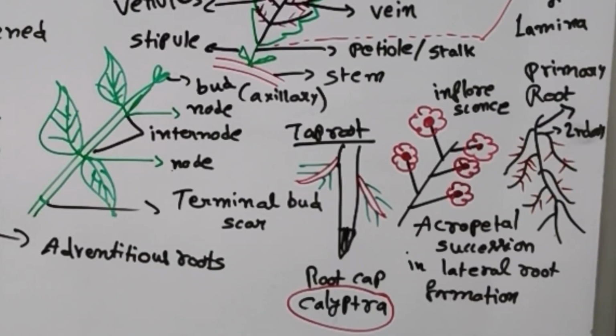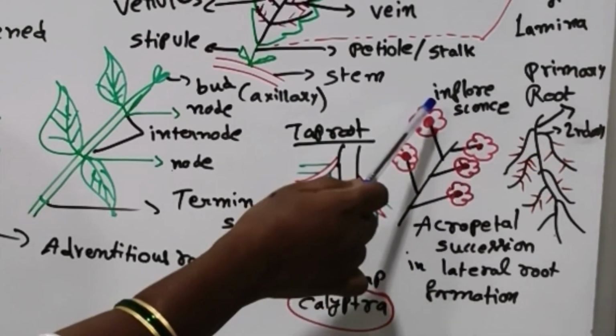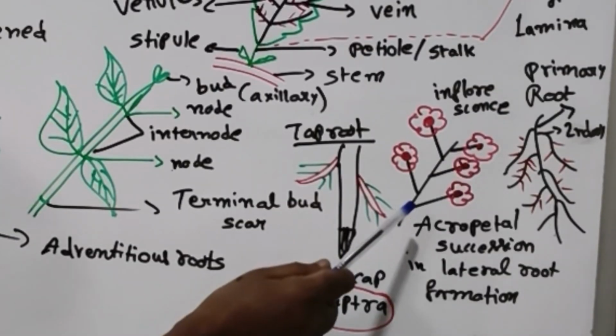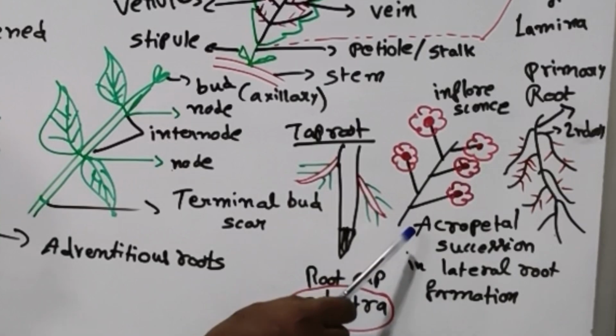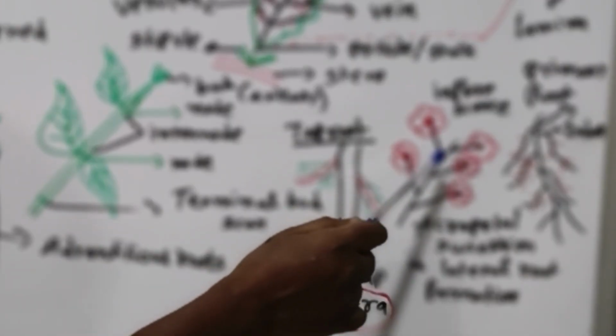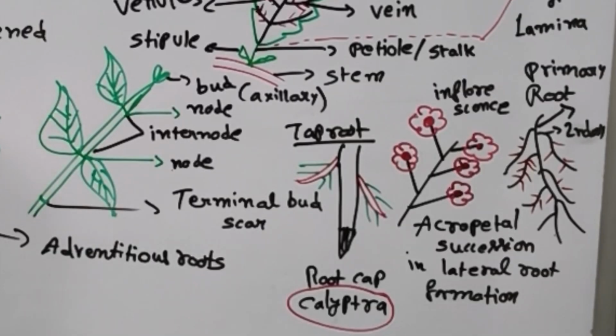Okay, coming to the development of the lateral roots in the root system. The root system shows acropetal succession in lateral root formation. This acropetal succession can be seen even in inflorescence development. The older flowers lie below, whereas the growing region shows the newly formed flowers.